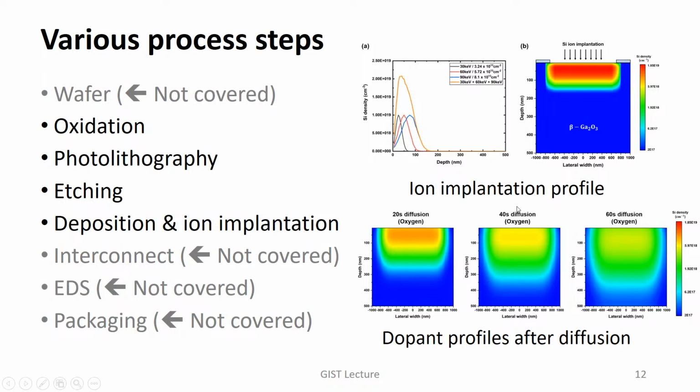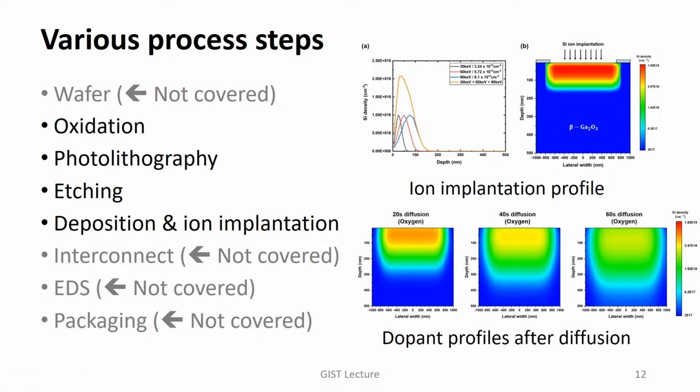This figure just shows the ion implanted profile, and here you can see that there is a photomask, and only for this open window implanted ions can be found. And this one shows the profile after 20-second diffusion, 40-second diffusion, and 60-second diffusion.